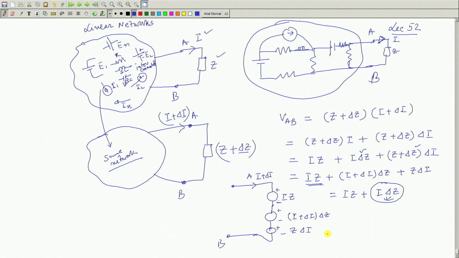I may think these voltage drops are nothing but batteries, but polarities are important like this, no problem. 3 voltage sources are connected in series in this fashion. And what is between A and B? It is this network, the same network. See, the arguments are so interesting. It is like this.